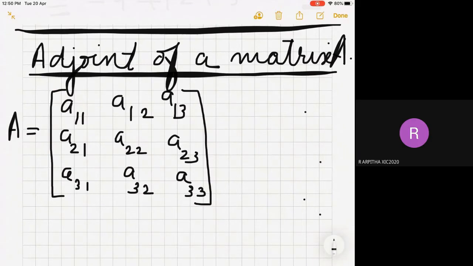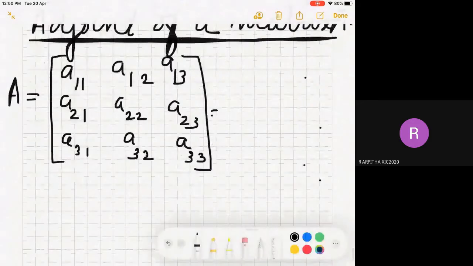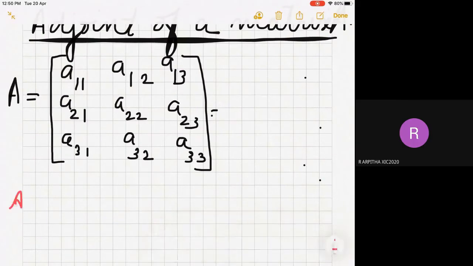Now, adjoint of the matrix is defined as, you write like this, adj A, that means adjoint of a matrix A.